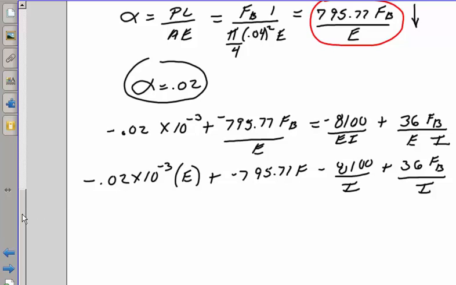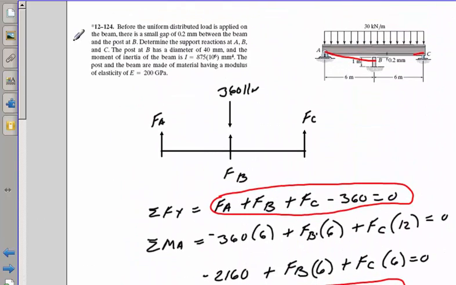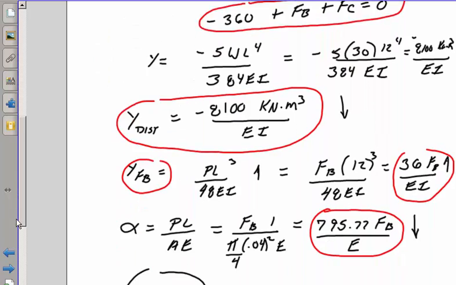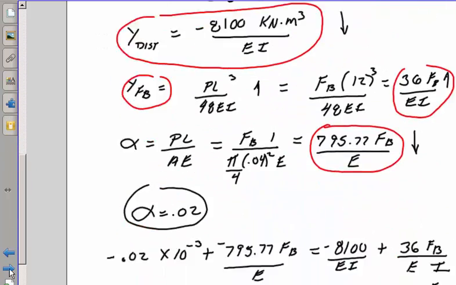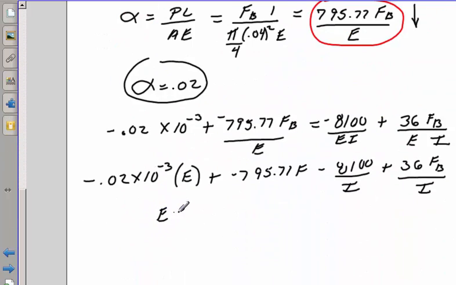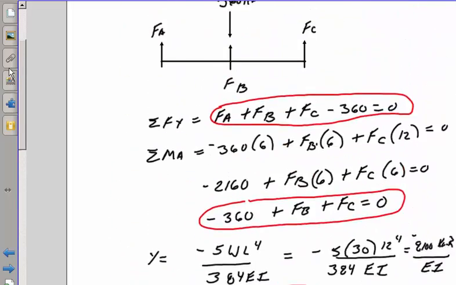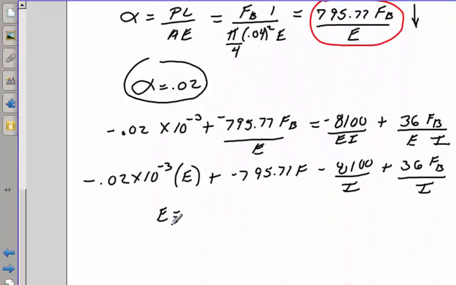Okay, so now we're ready to plug in the values. We know the value of E, and we know the moment of inertia, the value of I. All you have to do is put those values back into there. E is equal to 200 gigapascals.